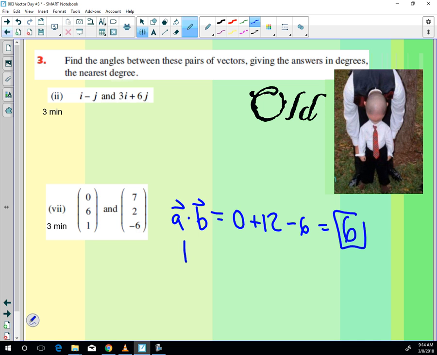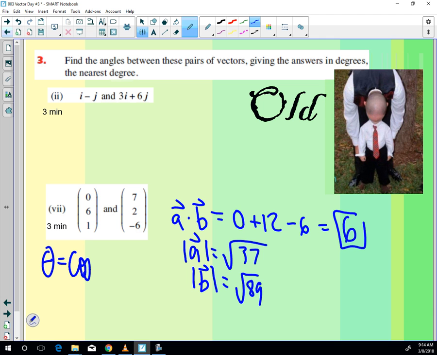So then the magnitude of A is the square root of 0 plus 36 plus 1 is 37. The magnitude of B is 49, and 4 is 53, plus 36 is 89. So the angle is the inverse cosine of the dot product over the magnitude over the magnitude.